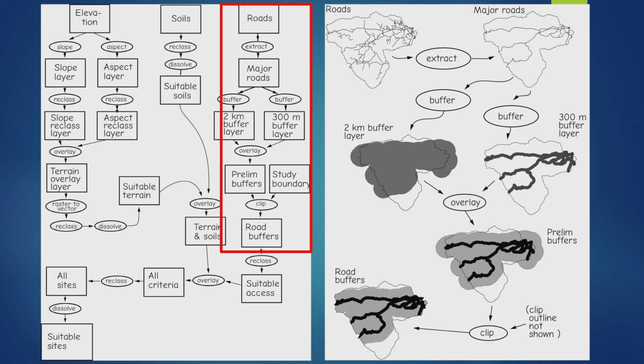The major roads layer has a lot less road showing up, so it's the main track. Right, okay, so how would you do that? It says extract on there, all right? Knowing what you've done in some of the other labs, what could you do to take the roads layer and turn it into the major roads layer?